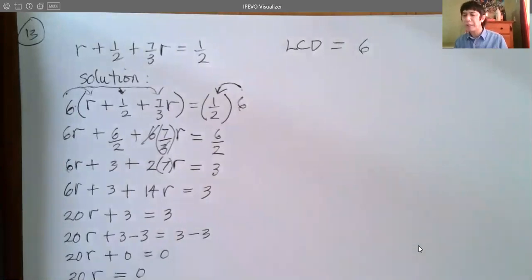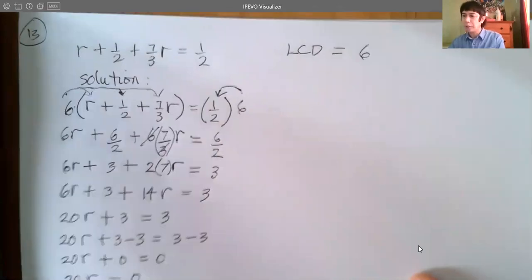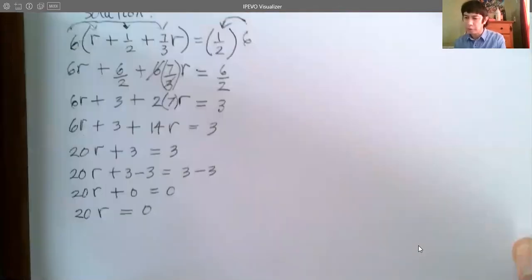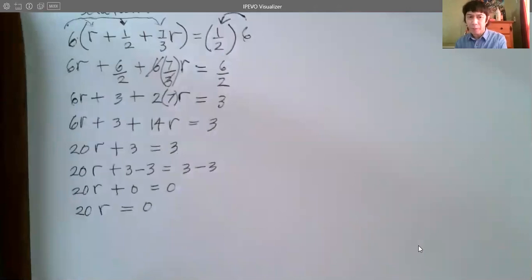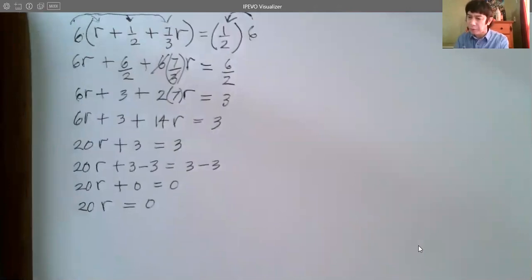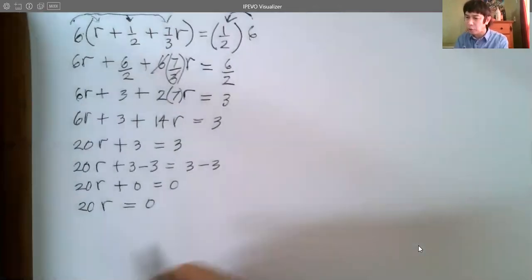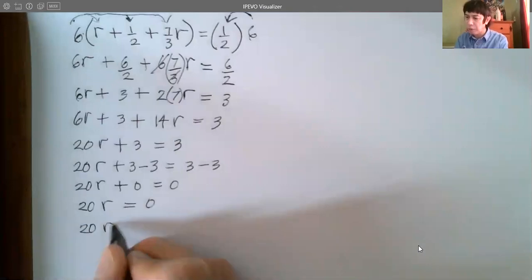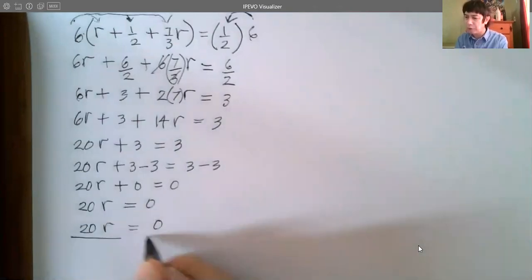Now, if we have something like a number multiplied by the variable, we make use of the number, which becomes the divisor. So to continue, let me adjust the paper. All right, this will now be 20R equals 0. So we're going to divide this by the 20. Both sides will be divided by the 20.